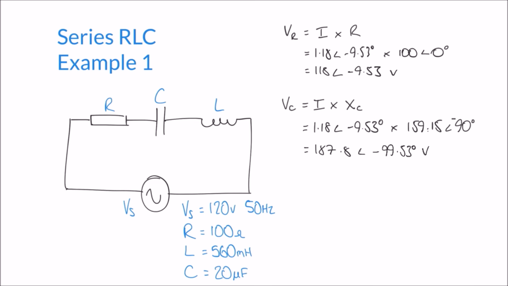Lastly, exactly the same method once again. VL is going to be I times XL, and the same thing applies. Our current is 1.18 at an angle of minus 9.53 multiplied by the reactance of our inductor.